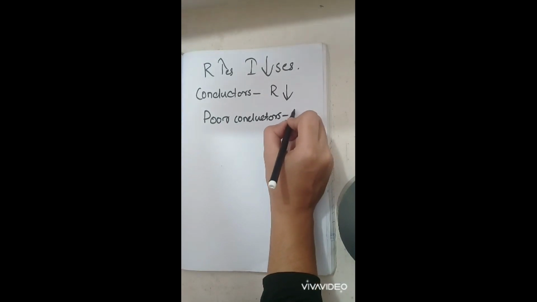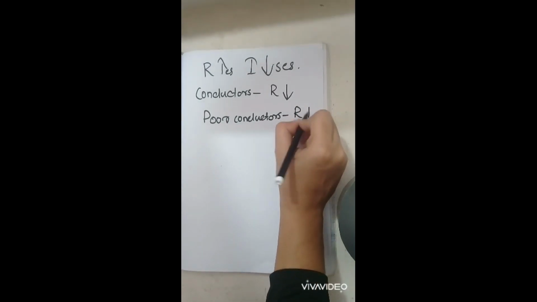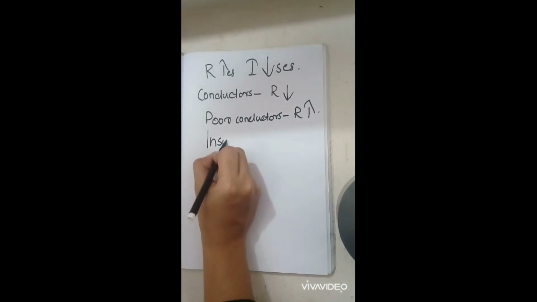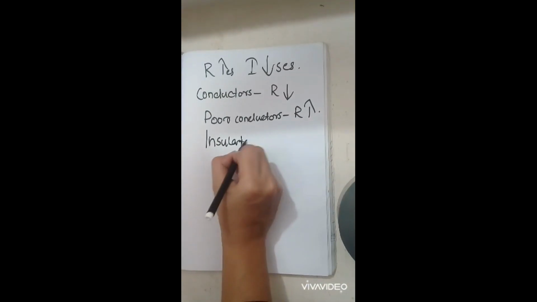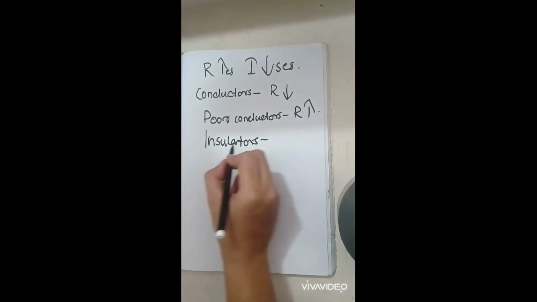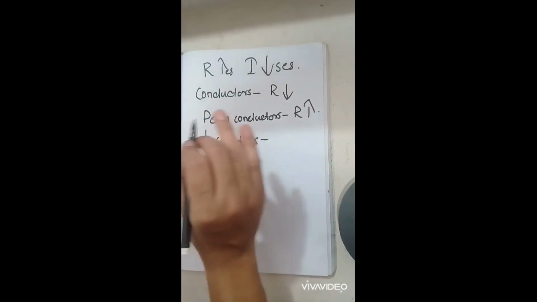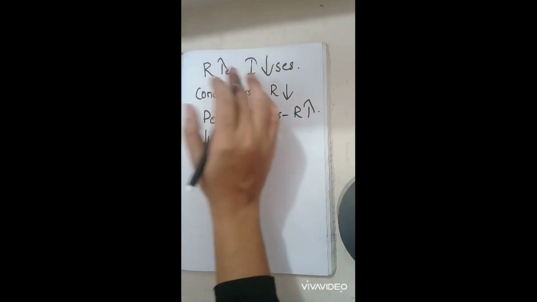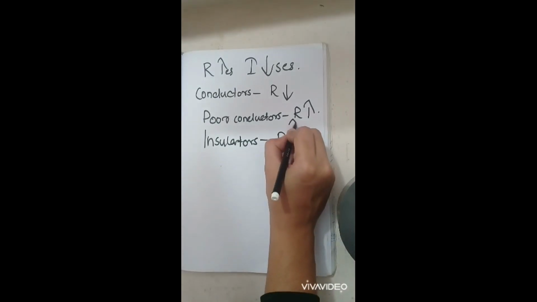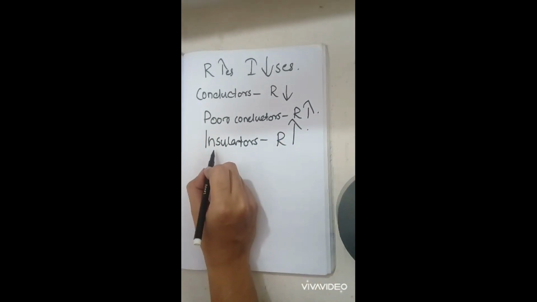So, the resistance will be high. Then in case of insulators, the resistance will be very high. Insulators do not conduct electricity or electric current. So, the resistance will be very high in case of insulators.